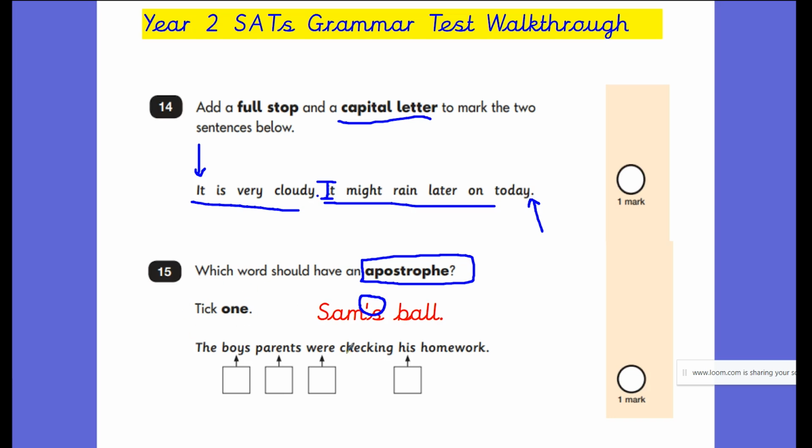That's exactly what they're looking for here. Can the children find where the apostrophe for possession should go? "The boy's parents were checking his homework." So the parents belong to the boy. So here, "boys" should have an apostrophe between Y and S. That is where the apostrophe would go, and they would need to tick that box for the correct answer.